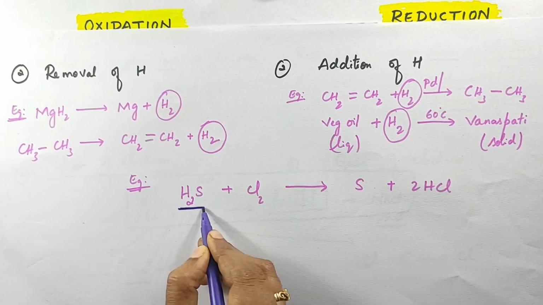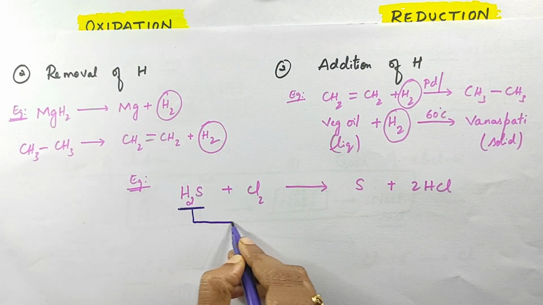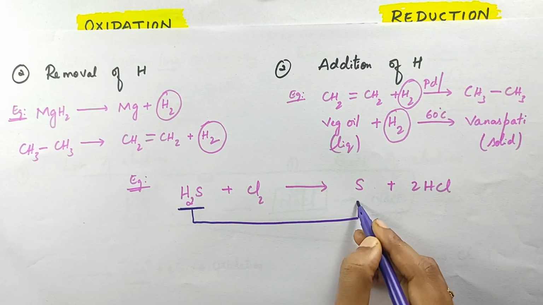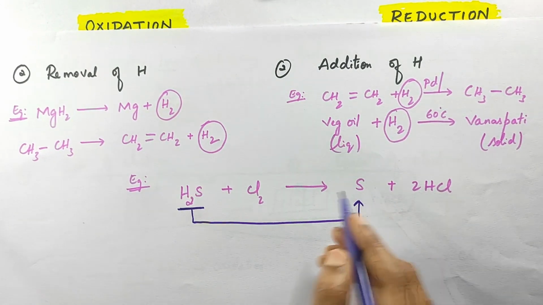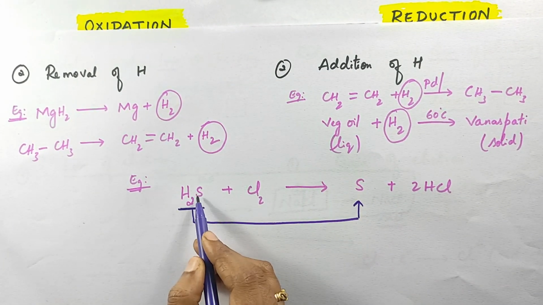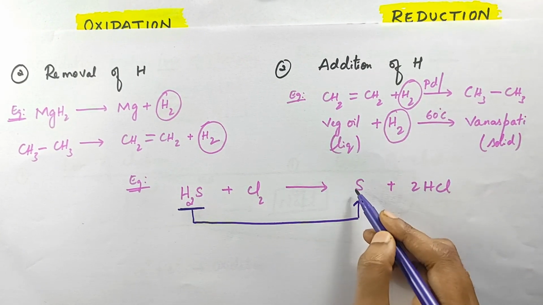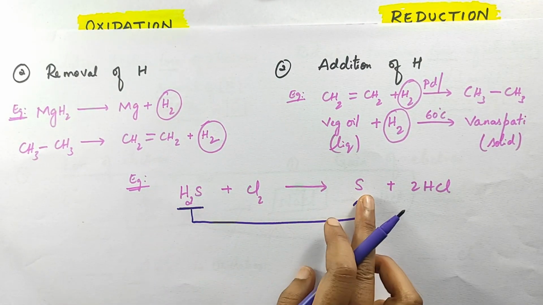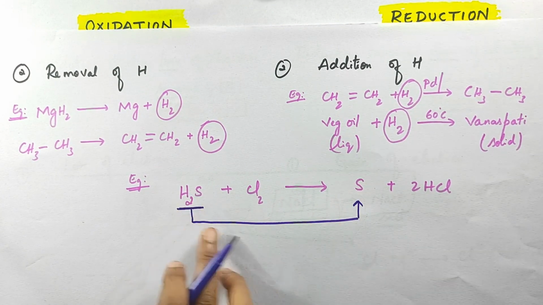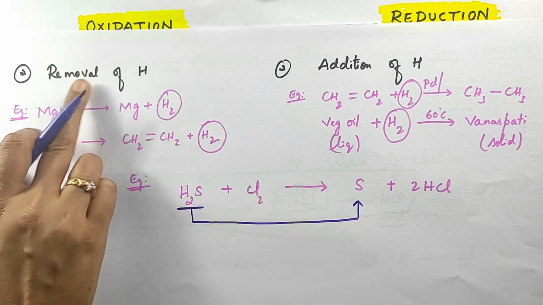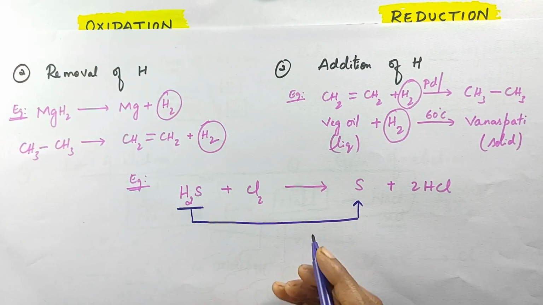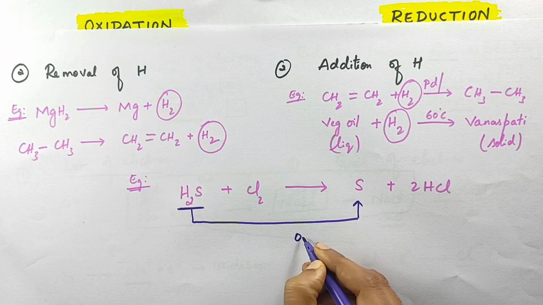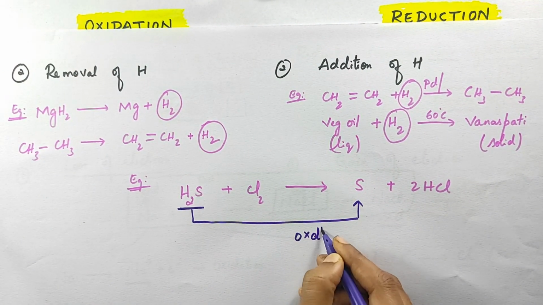H2S after the reaction is converted into sulfur. That means H2S, after converting into sulfur, has a removal of hydrogen. So hydrogen has been removed. Removal of hydrogen is called oxidation.